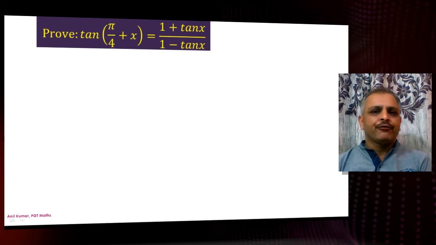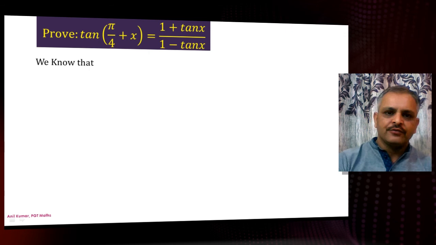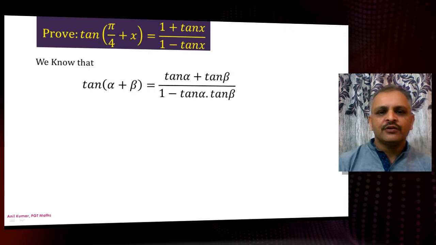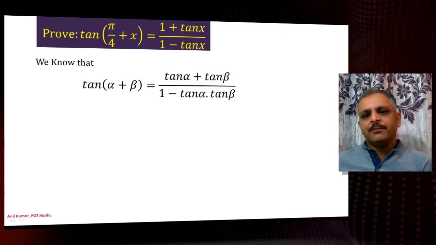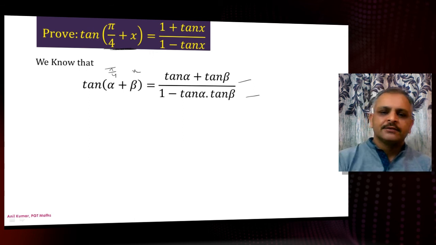Next, tan(pi by 4 plus x) we have to find out. We know that tan(alpha plus beta) is (tan alpha plus tan beta) by (1 minus tan alpha tan beta). If I need pi by 4 plus x, replace alpha with pi by 4 and beta with x.